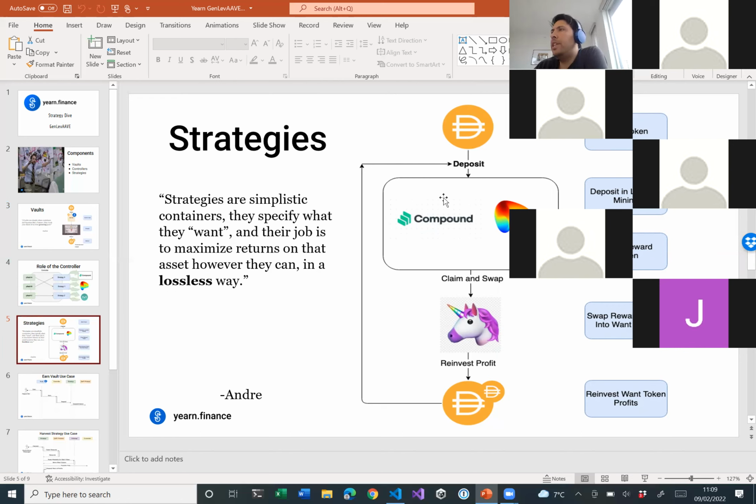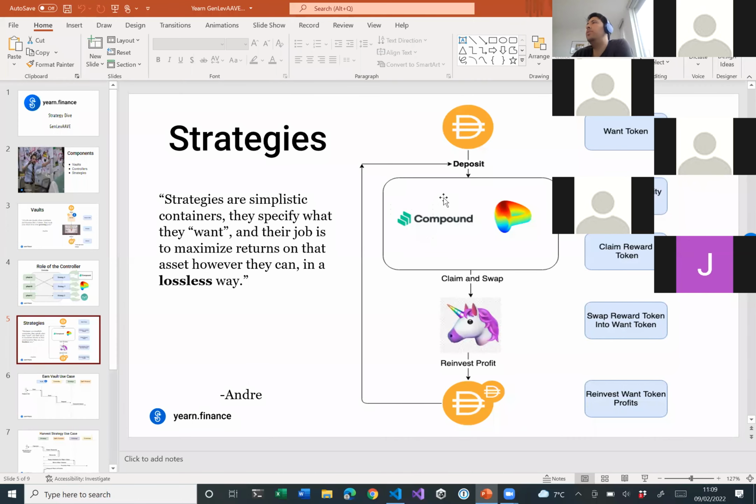By lending it out, you're getting interest and also probably some rewards. In this case, COMP tokens were one of the first rewards for LP mining in DeFi. When you get those rewards, the strategy will automatically claim them and sell them on your behalf. Once you reach a minimum threshold, they'll be sold and swapped. Here it's Uniswap, which is why I've got the Uniswap logo.